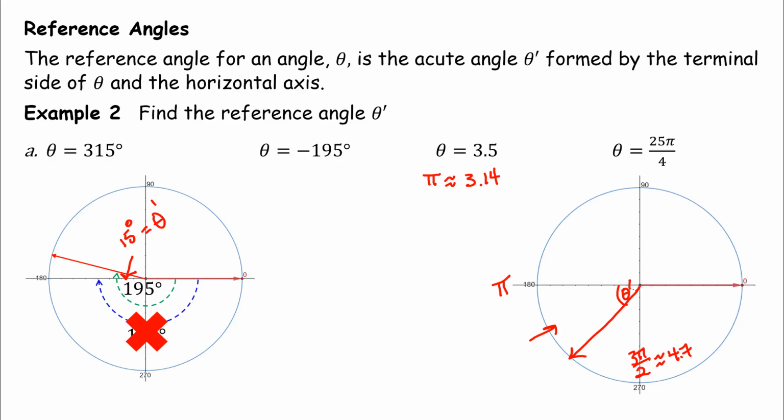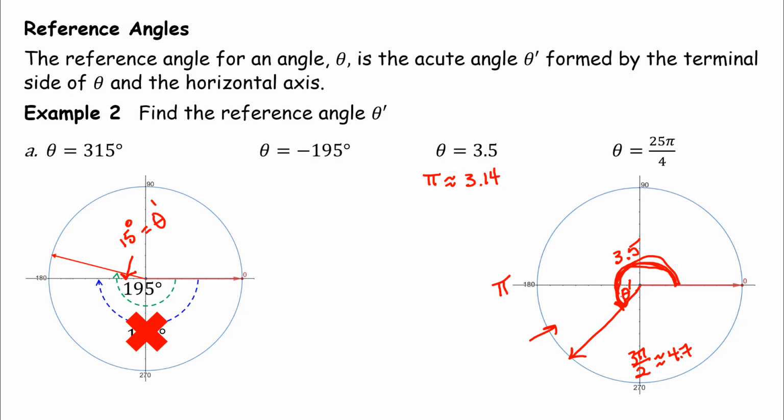To figure out what that is, you just have to remember that in the third quadrant, if you are going around to this arrow here, you're going 180 and then a little bit more, and that little bit more is theta prime. We know that this whole angle, starting at 0 all the way around here, is 3.5 radians. We don't want the 180 degrees up here.